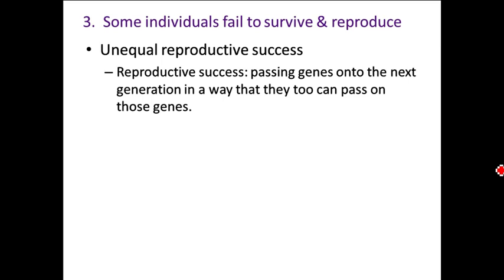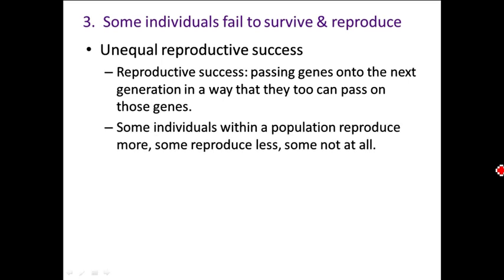An individual in a population can have good reproductive success if they create lots of offspring, and those offspring survive and reproduce lots of offspring. On the other hand, you could have low reproductive success if you don't have any offspring. That's very low reproductive success, right? You're not passing your genes on at all. Or maybe you just have a few offspring and they have a few offspring, so you're not reproducing very many. Or you could maybe even produce a lot, but maybe they're weak and they don't survive very well to be able to reproduce themselves.